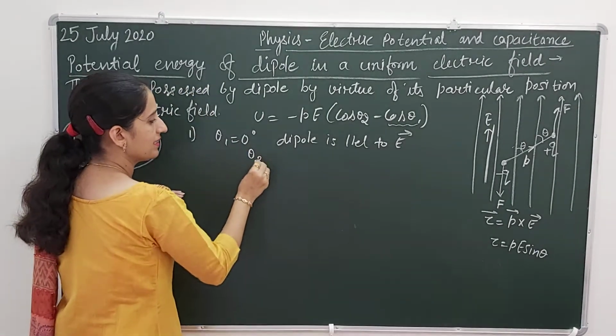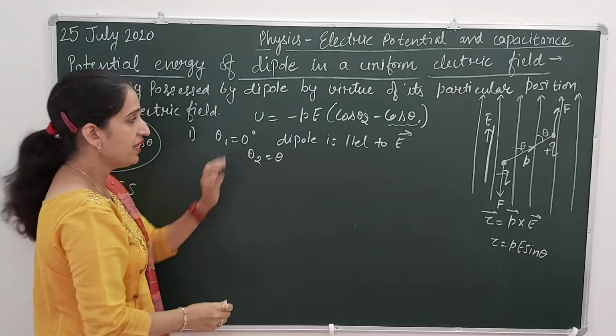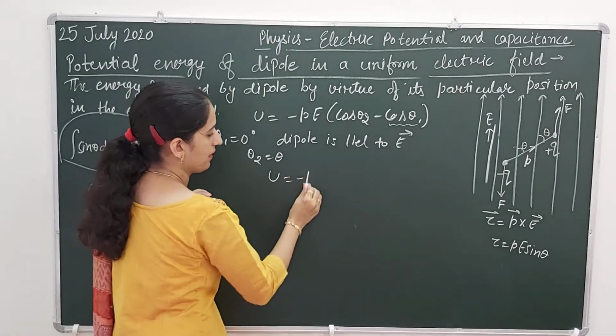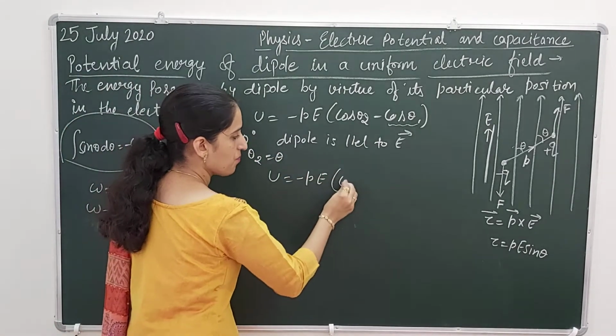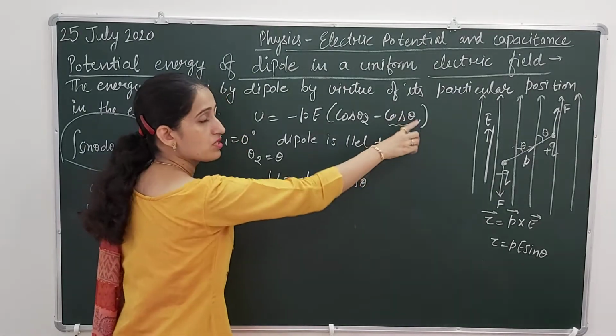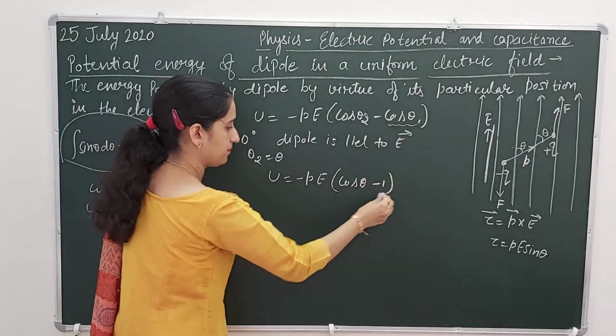So final angle theta 2 is theta. Then potential energy will be given by minus PE (cos theta minus cos 0), and cos 0 is 1.